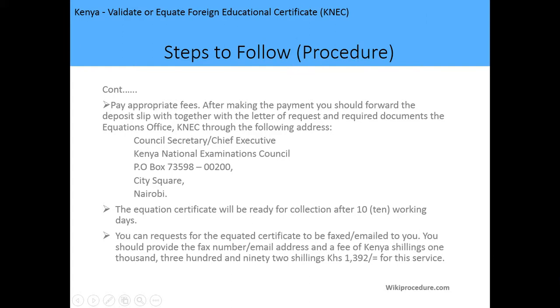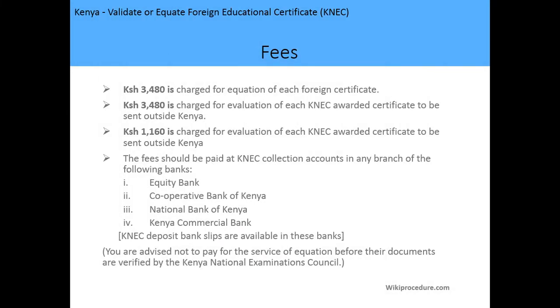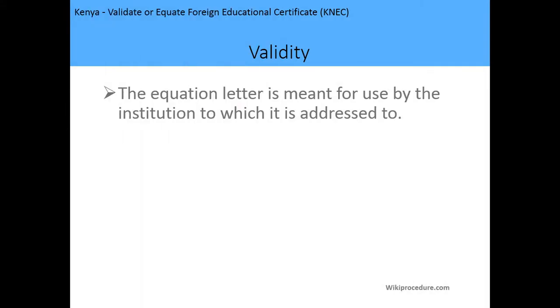Other information is the fees, as we already discussed, which range from 1,160 to 3,480. The letter is only meant to be used by the institution which requested it, or which it is addressed to, and it cannot be transferred to another institution.